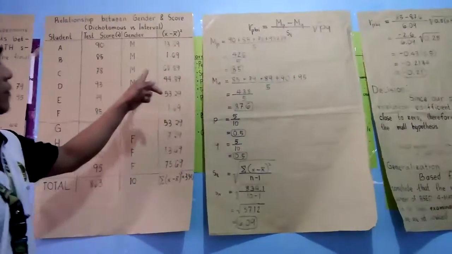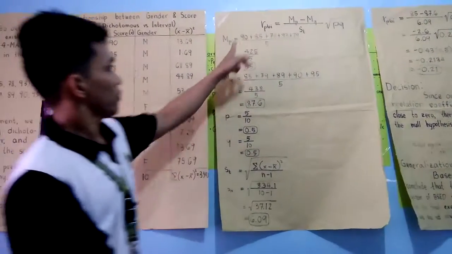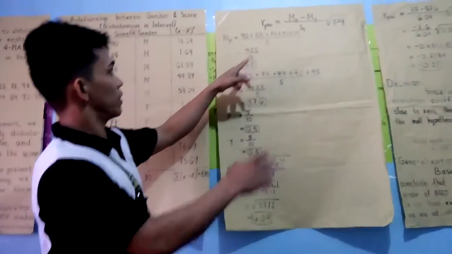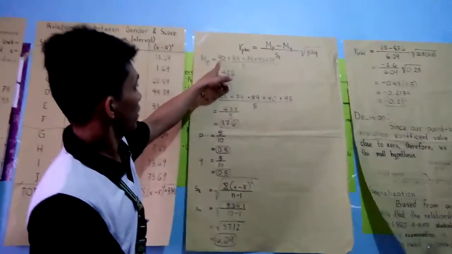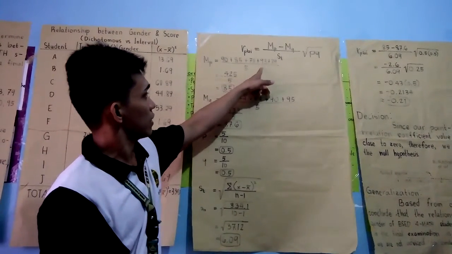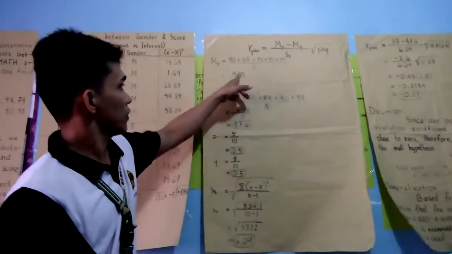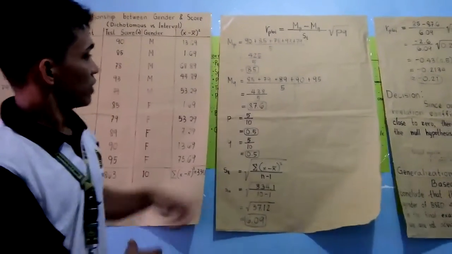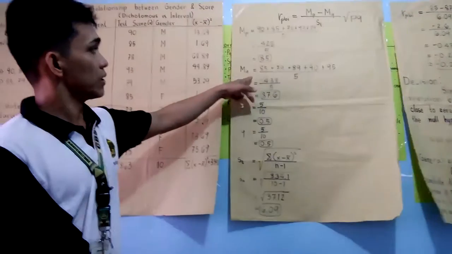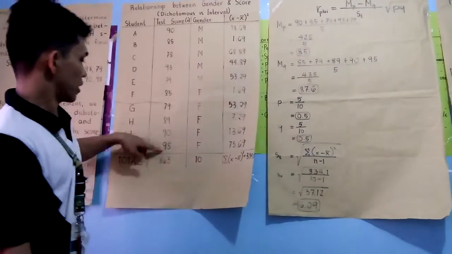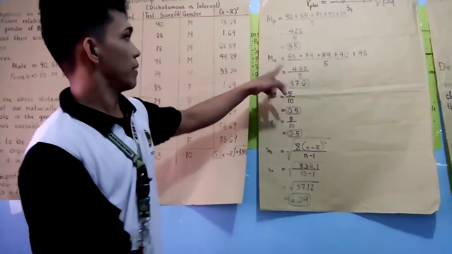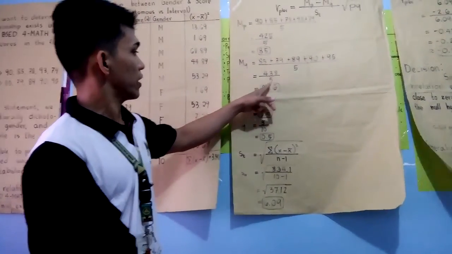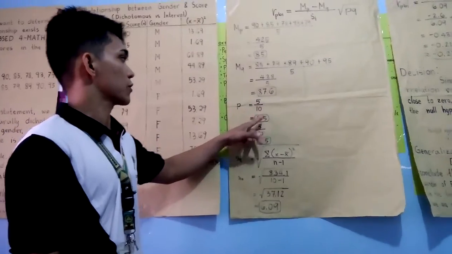To get the mean of the male group, we add these scores and divide by the number of males. We have 90 plus 85 plus 78 plus 93 plus 79 is equal to 425, divided by 5 is equal to 85. The same for the female group: we add their scores, then divide by the number of females, which is 438 divided by 5, equal to 87.6.